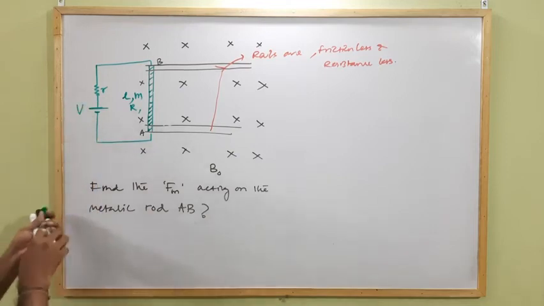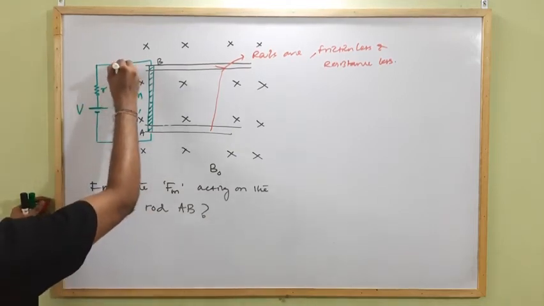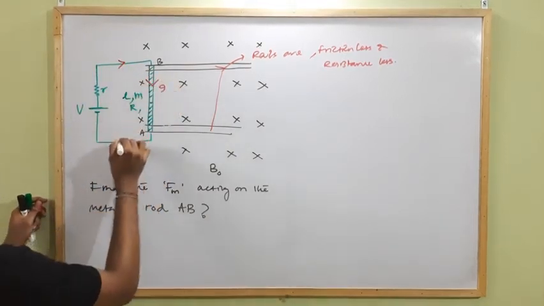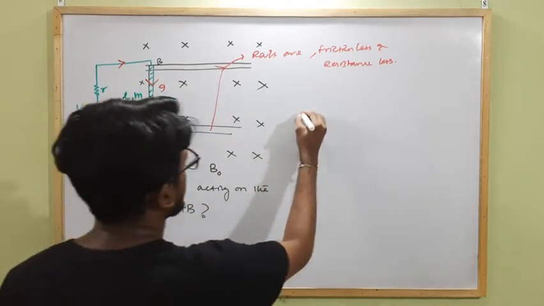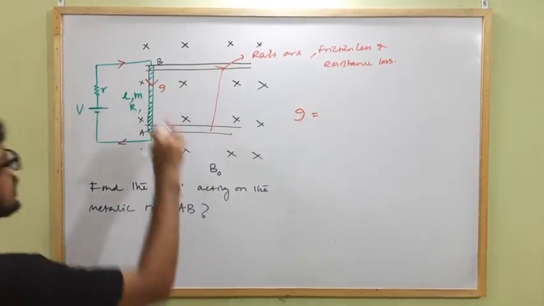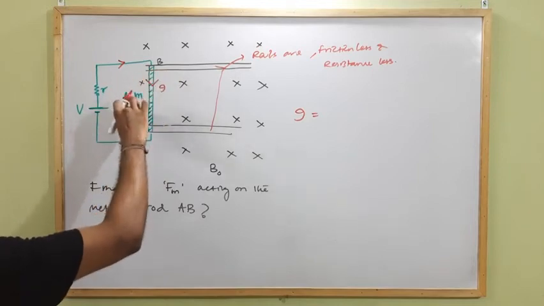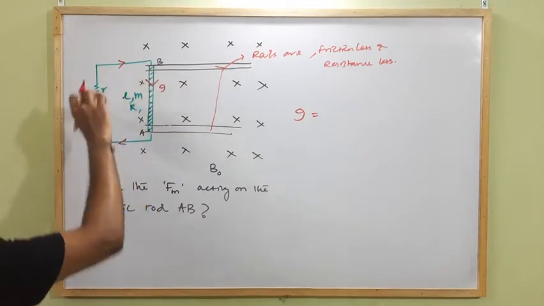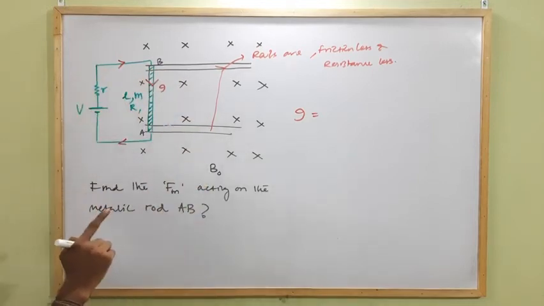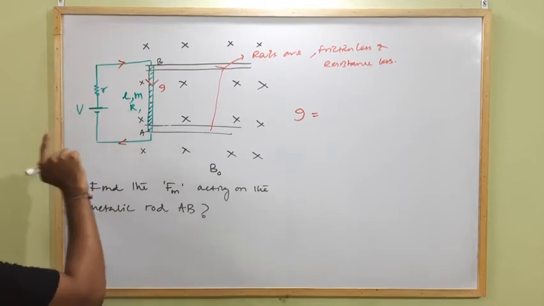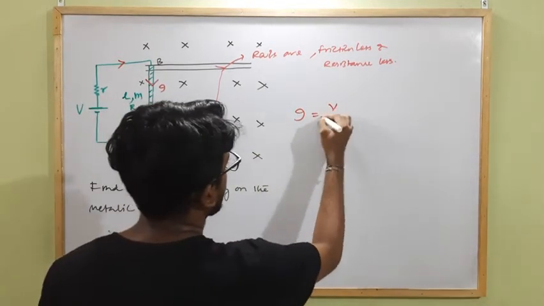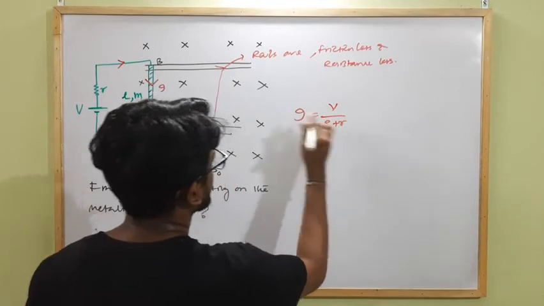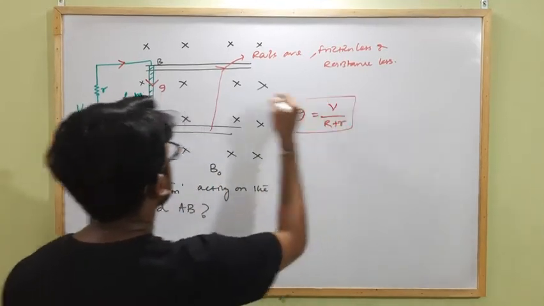As current is flowing along this direction, this is the positive, so current will start flowing along this direction, let it be I. So what is the value of I? As the resistance of this segment is R and here is the internal resistance R, so I equal to net potential V divided by R plus R. This will be the value of I flowing through this segment.